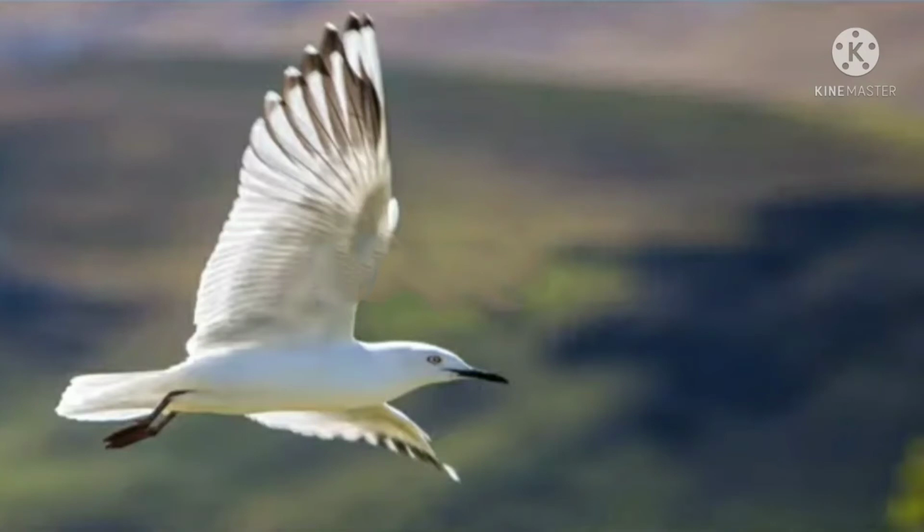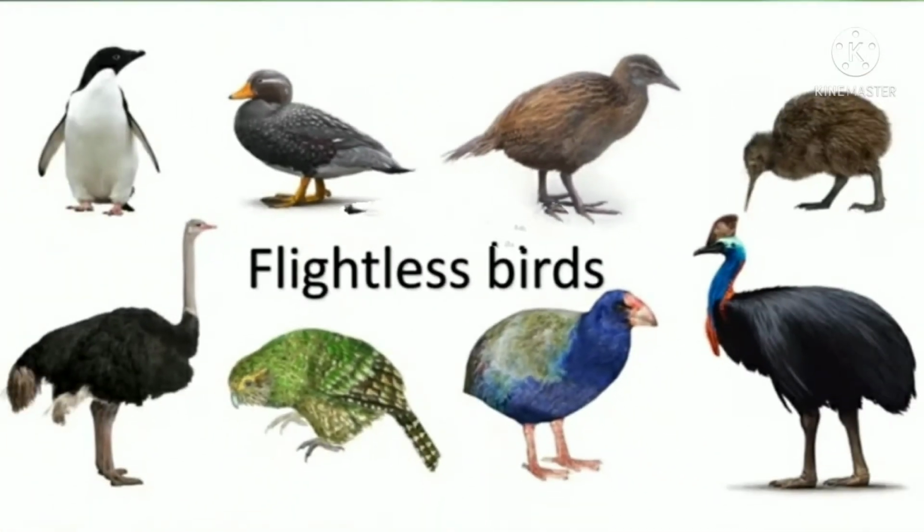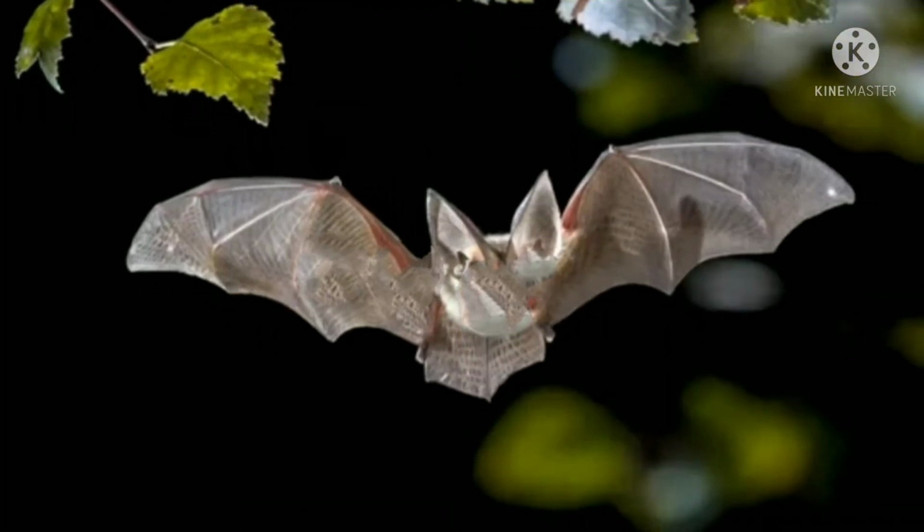The body shape of aerial animals is such that they are able to cut through the air easily. Almost all birds except flightless birds belong to this group. Bats also form a part of this group. Bat is the only mammal that can fly.